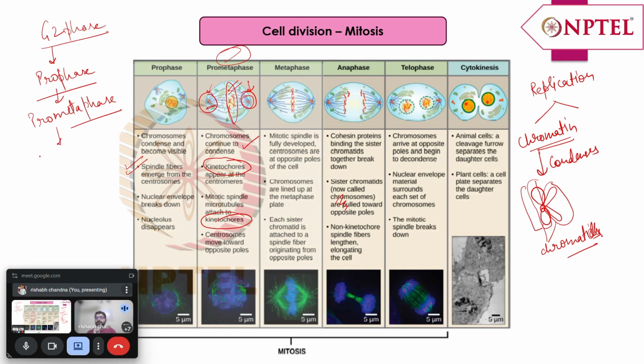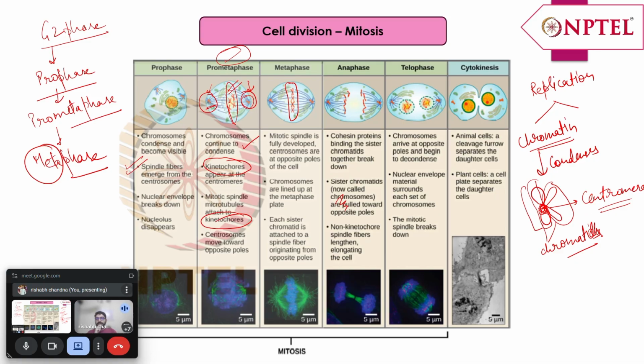Then from the prometaphase we move to metaphase. Okay, so as the name suggests, the chromosomes are arranged at a central plate in the cell, where they are attached to the kinetochores through the centromere. The centromere is actually the point where the two chromatids are attached in a chromosome.